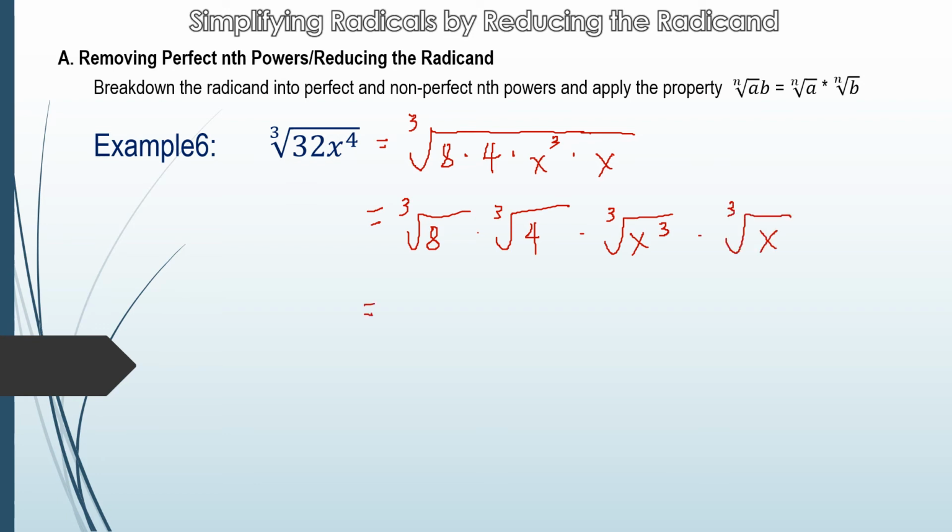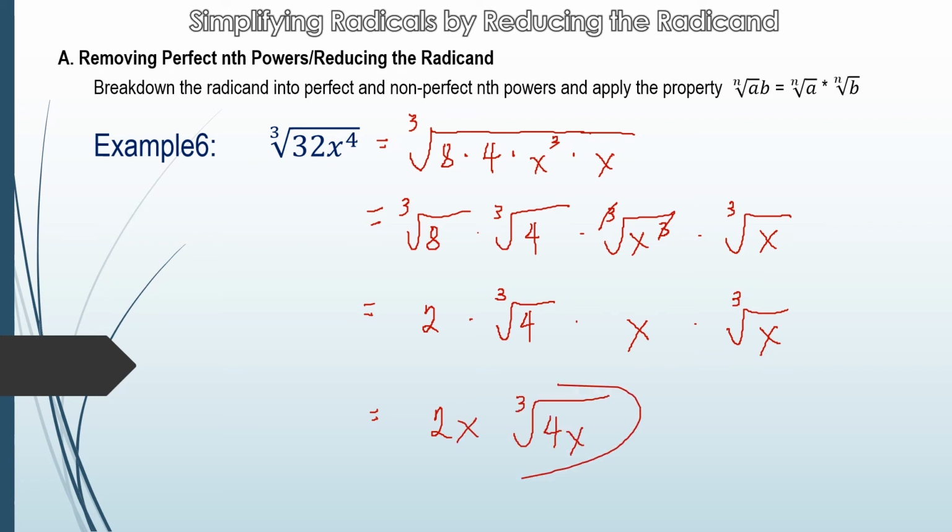So the cube root of 8 is 2. Let us bring down the cube root of 4. The cube root of x cubed is x. Then bring down the cube root of x. Therefore, we have 2x times the cube root of 4x.